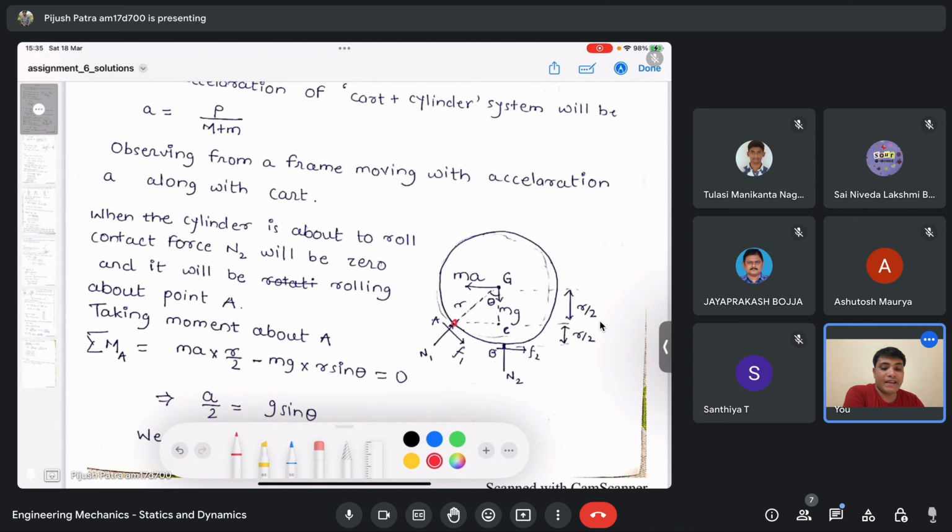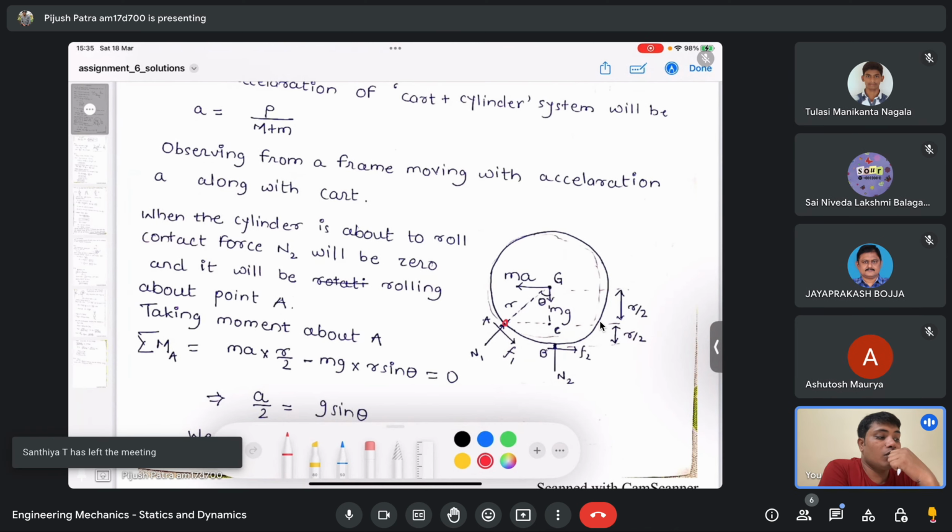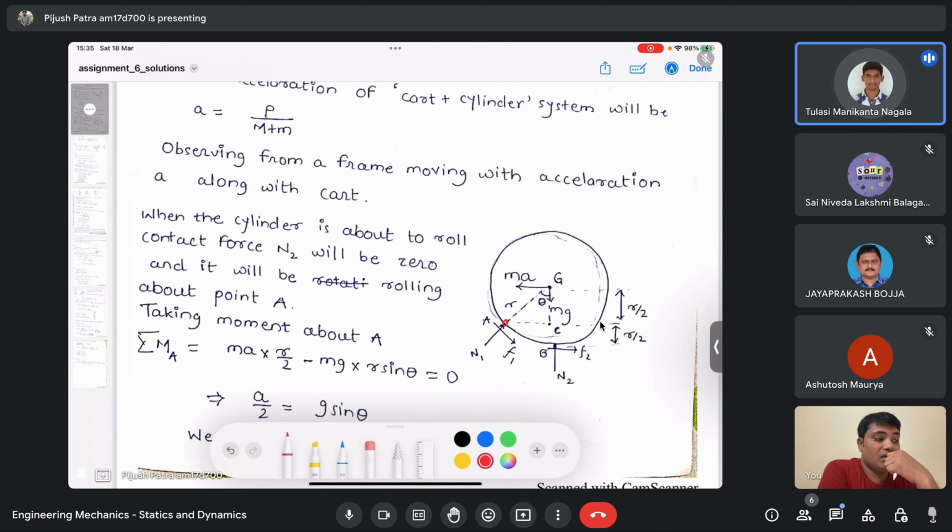It's only mass into acceleration and the m into g. Then what are the two distances from the geometry? Can someone tell? One is r by 2, other is r sin theta.